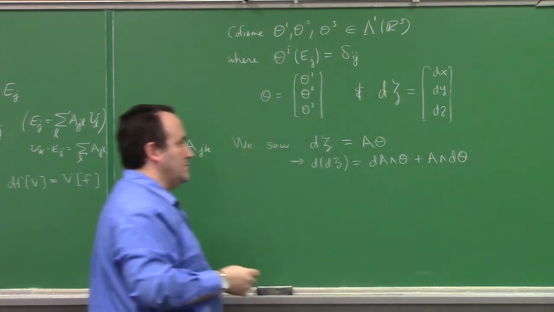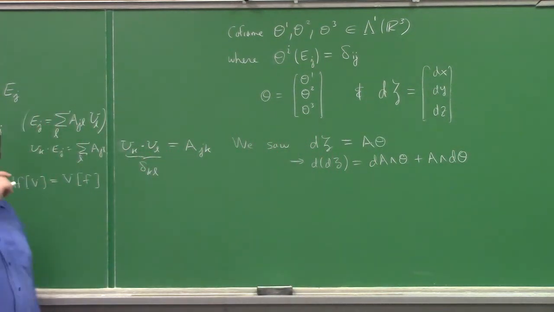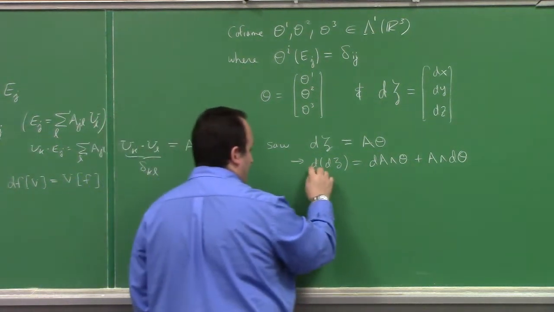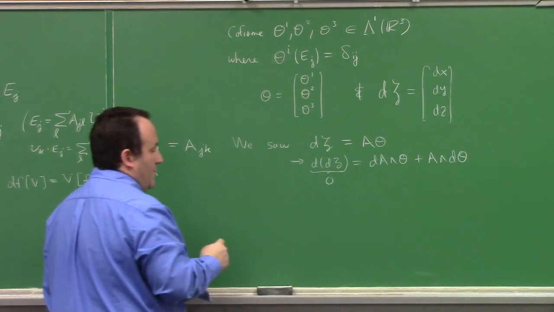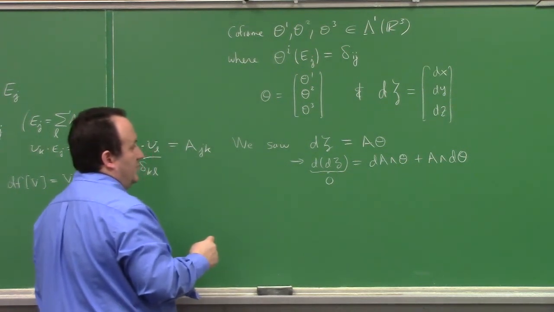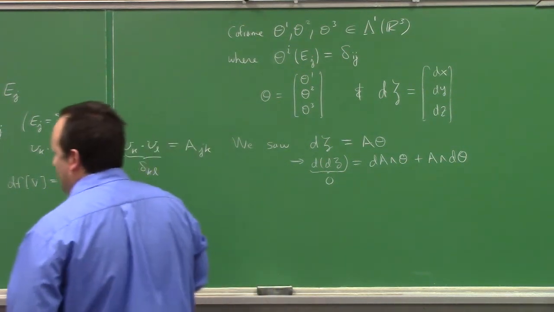But the thing is, d zeta was 0. And let's see here, what else do we have?